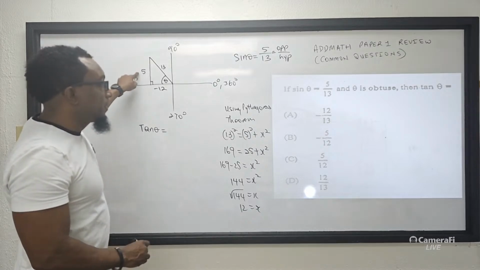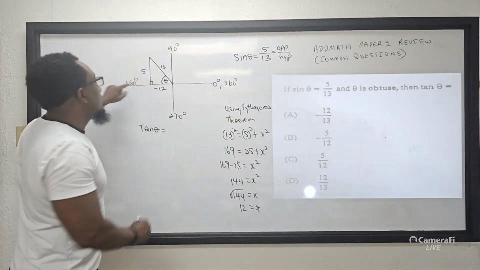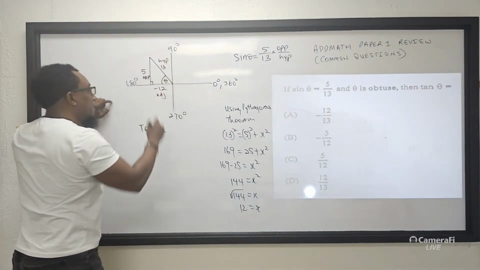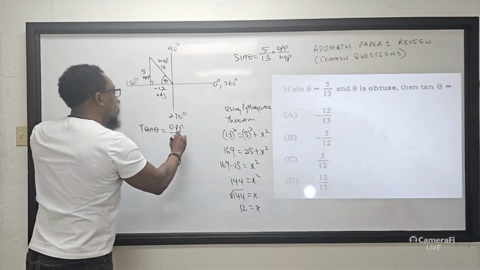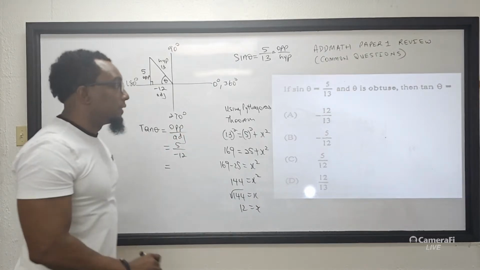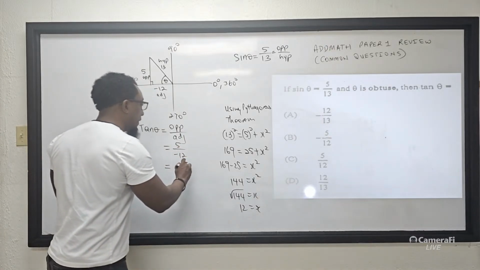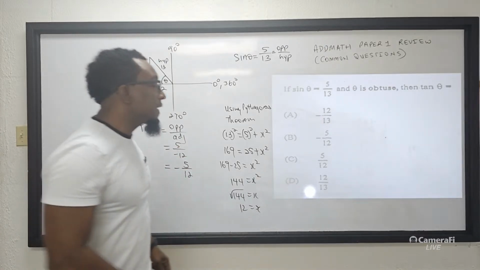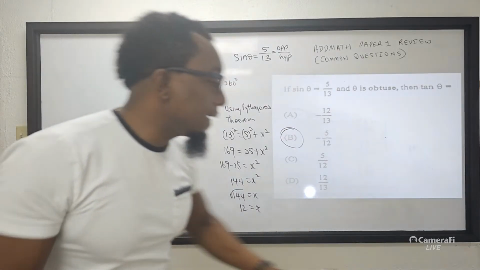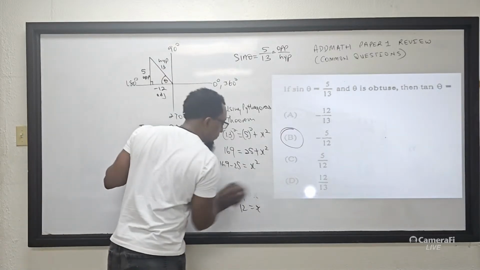Side opposite all over side adjacent. This is the side opposite here. Hypotenuse. Adjacent. Tan is opposite all over adjacent, which is 5 all over negative 12, or positive divided by negative is a negative, negative 5 all over 12. Whose answer there is B. Alright, so make sure you understand that. Common questions. So let's move on to the next.